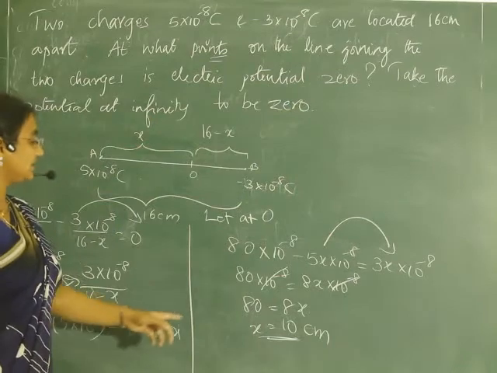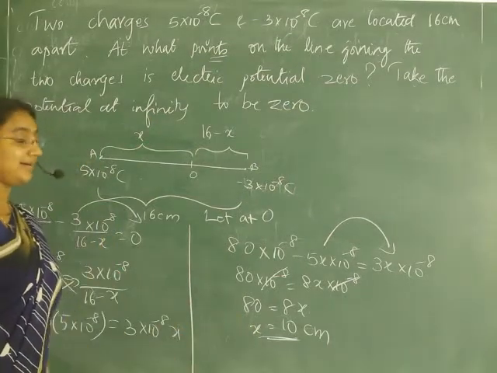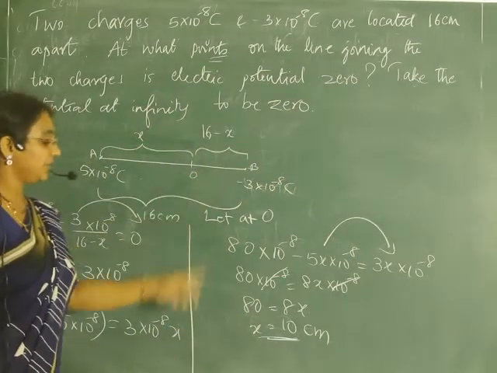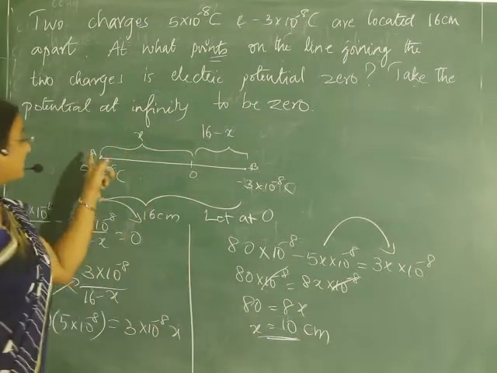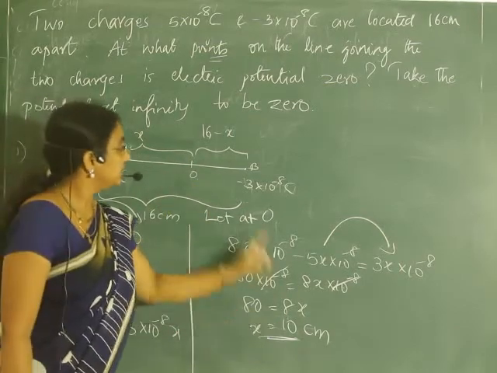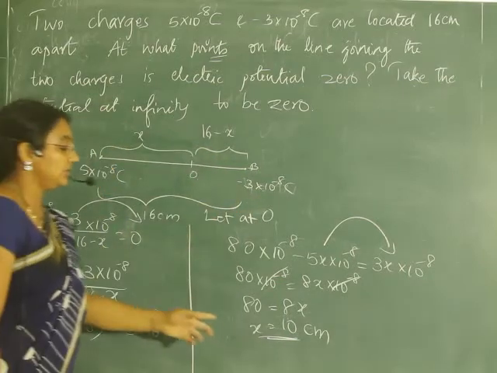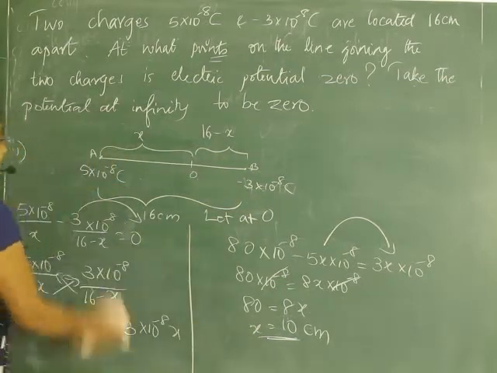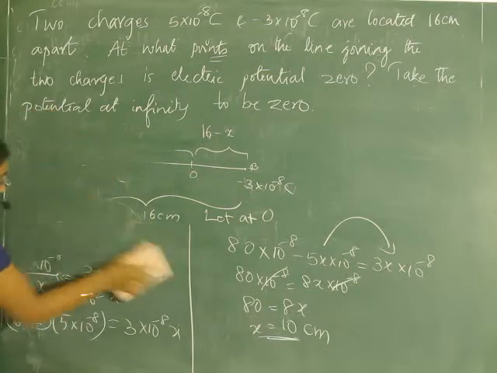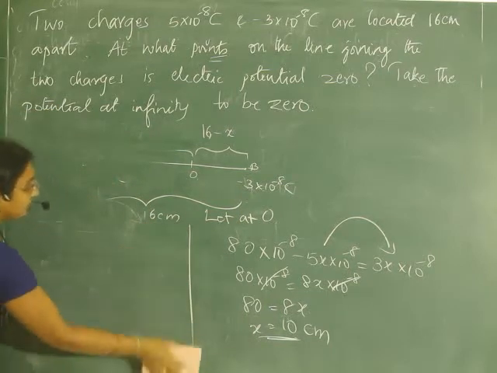This is 10 centimeter from A, and if we subtract 10 from 16, it is 6 centimeter from B. The solution is that.